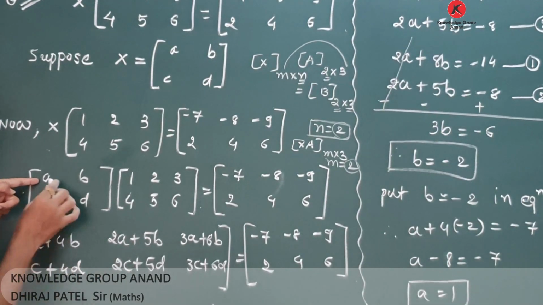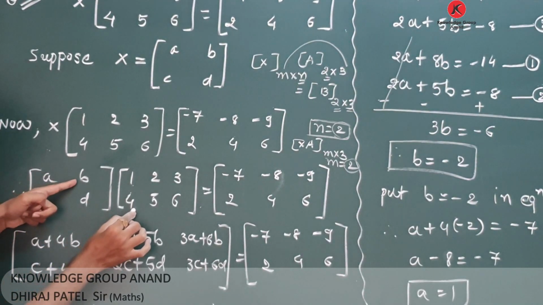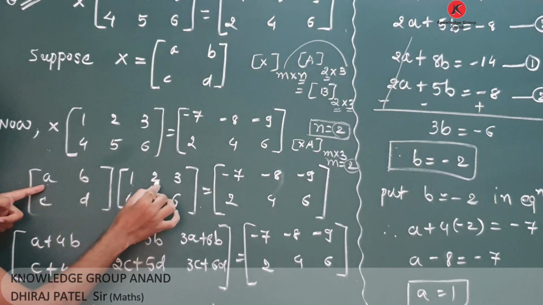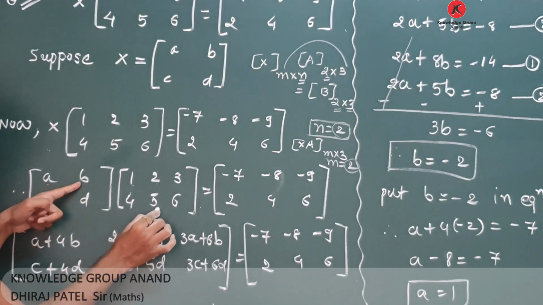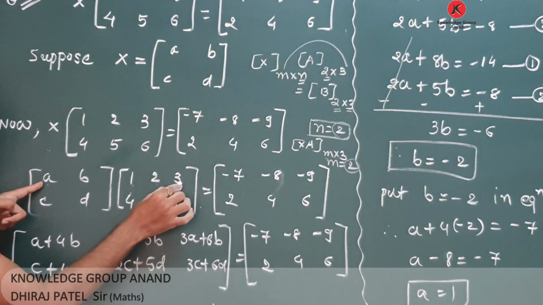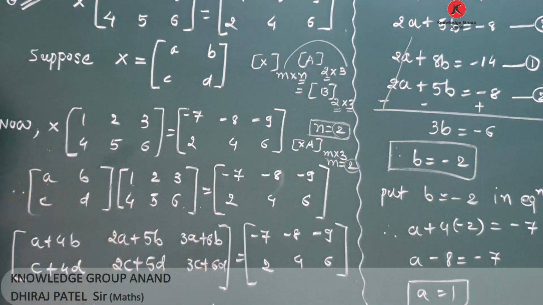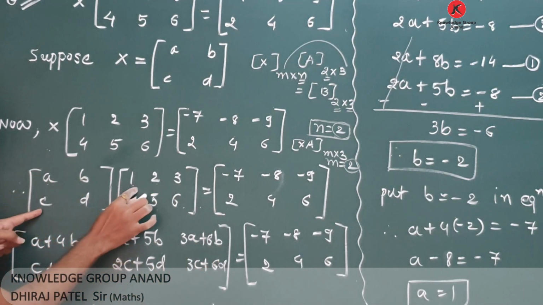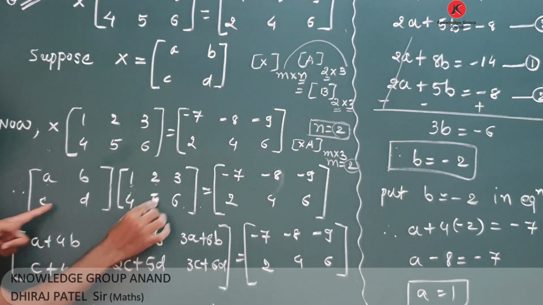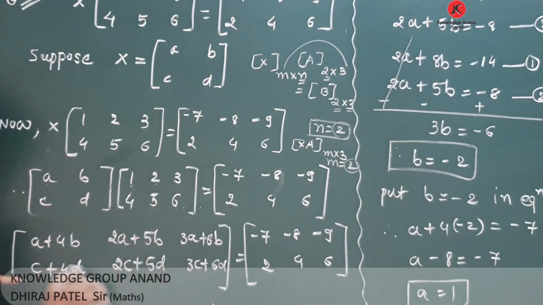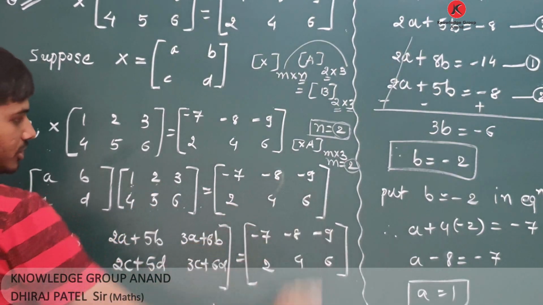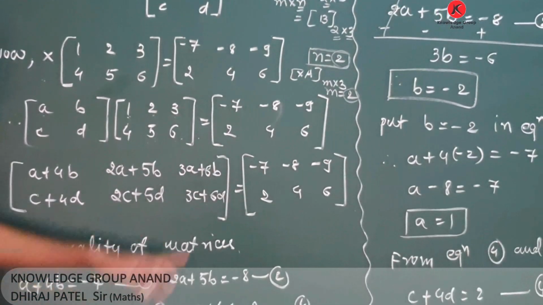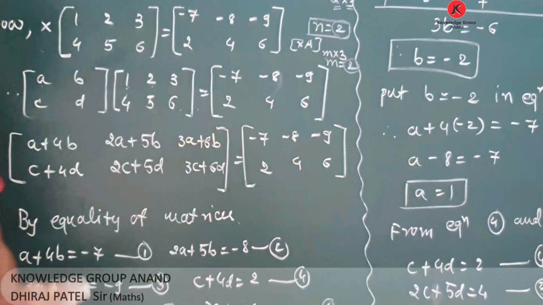We obtain a plus 4b, second 2a plus 5b, third 3a plus 6b. Same multiplication with the second row: c plus 4d, 2c plus 5d, 3c plus 6d equals this matrix [-7, -8, -9; 2, 4, 6].